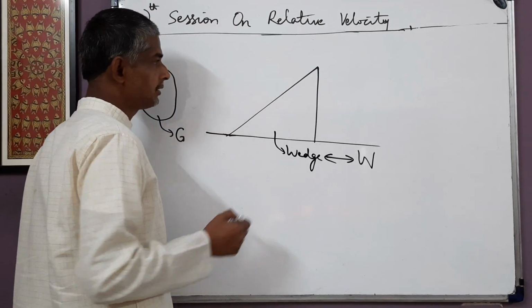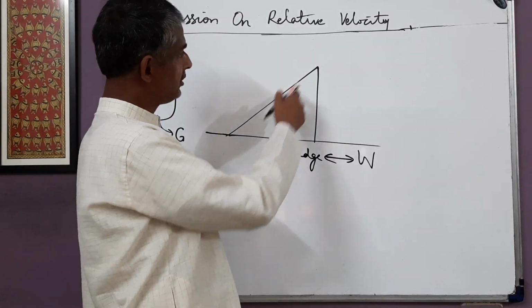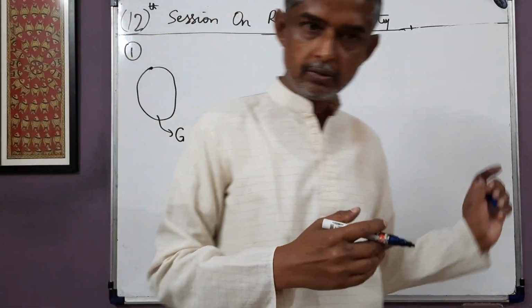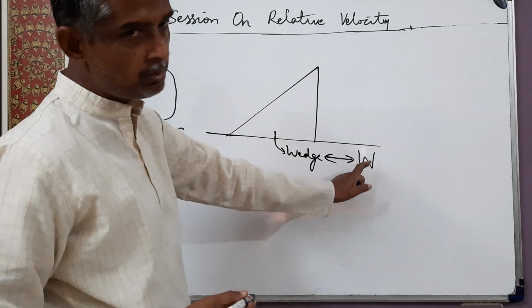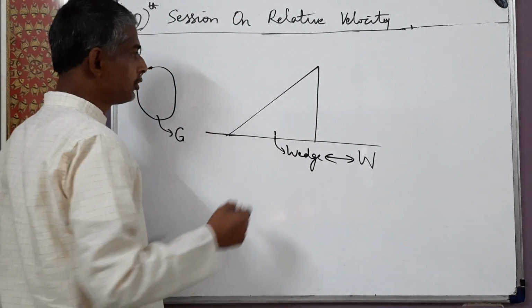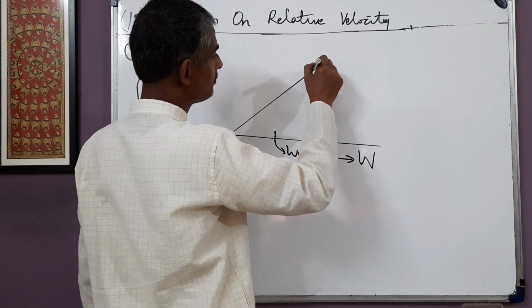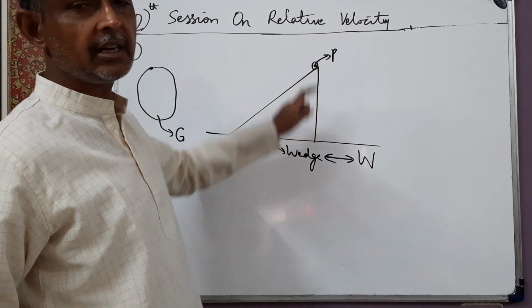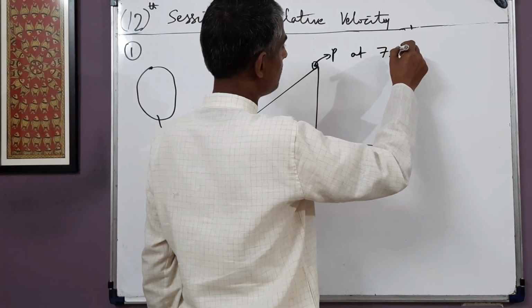Suppose that P is a moving point. This is the actual wedge. This is the material body, the wedge, taken to be a rigid body. And W means the wedge frame. Suppose P is a moving point which was initially at the highest point of the wedge, say at 7 am.